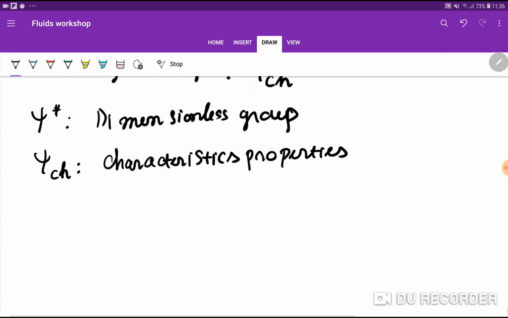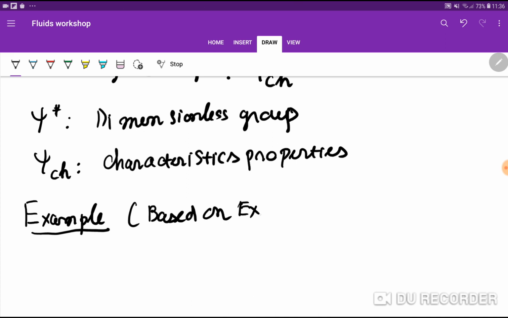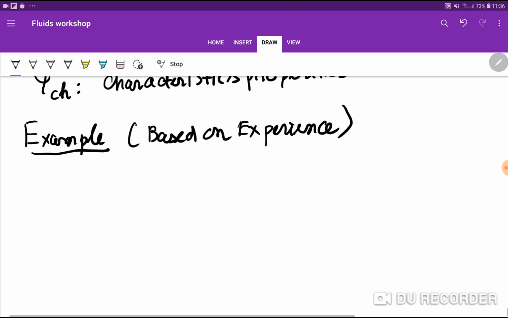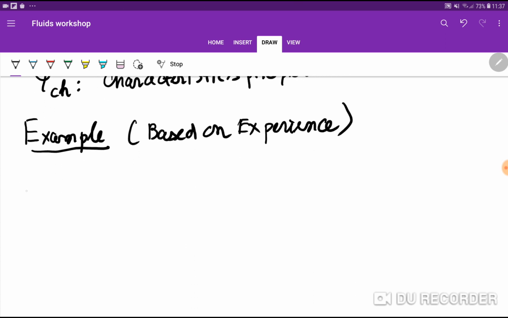Okay, so what are some examples of these? Let me give y'all some examples. This example is based on experience, just on the collection I have from doing the homework, but I think it's gonna be useful. Okay, let's talk about length. So L is L star times LCH, right?